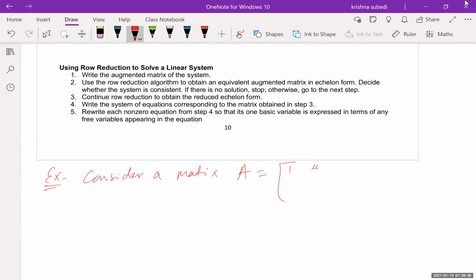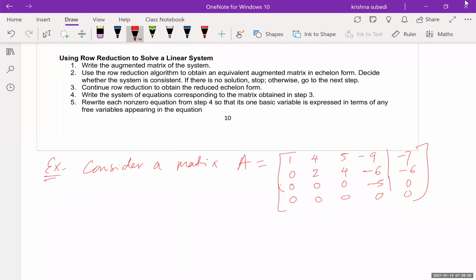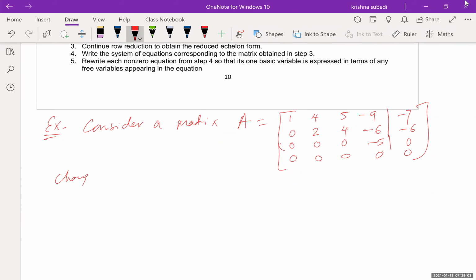Let's say 1, 4, 5, -9, -7, 0, 2, 4, -6, 0, 0, 0, 0, -5, 0, and the next one is 0, 0, 0, 0, 0. Let's say this is the given matrix. I want you to change it to RREF form. That is the question.